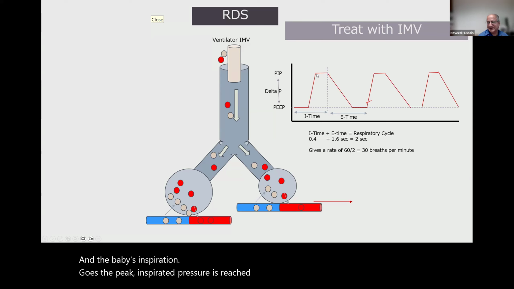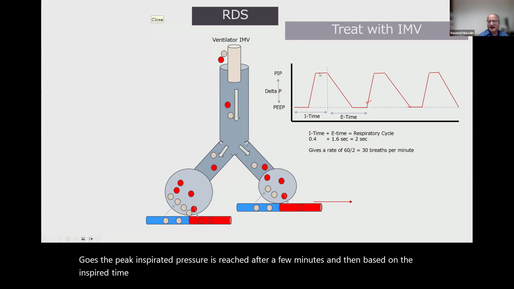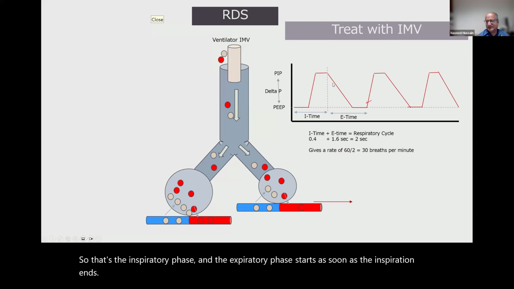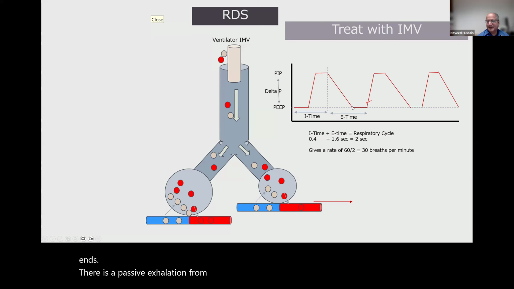And then based on the inspiratory time, the inspiration is held at that pressure for a period of time. So that's the inspiratory phase. And the expiratory phase starts as soon as the inspiration ends. There is a passive exhalation from the baby. And then the exhalation goes on for a little while, and then the next inspiration starts.